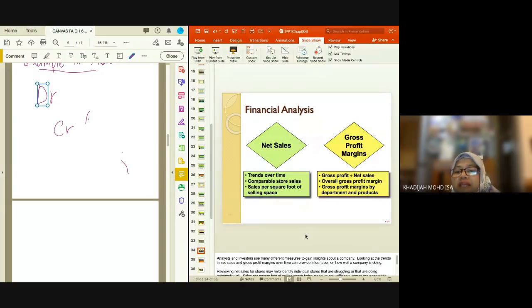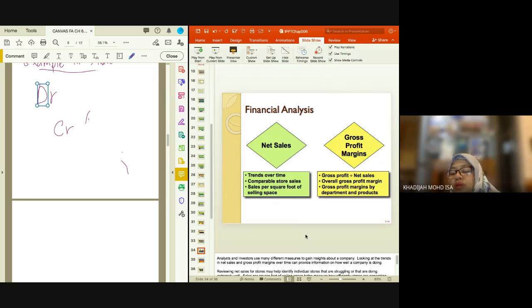Okay, so this is the financial analysis. Your net sales, as I showed you earlier, is sales minus your sales returns and sales discounts. You want to look at how your net sales percentage compares to your competitors, for example, or sales per square foot or selling price. Gross profit over net sales shows you the gross profit margin, right?